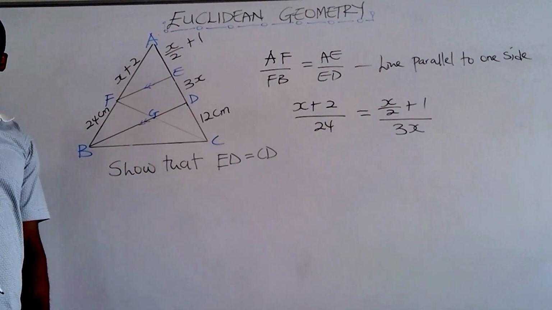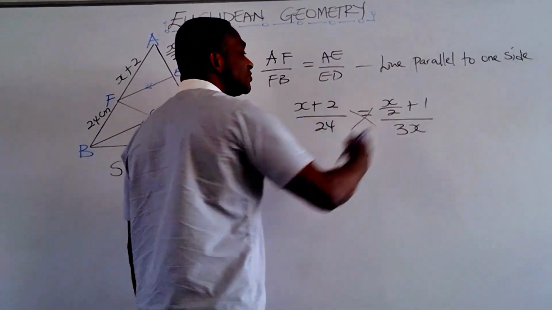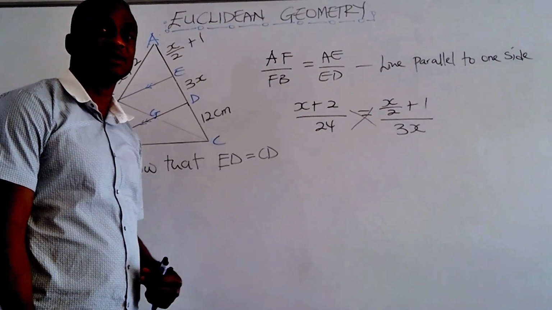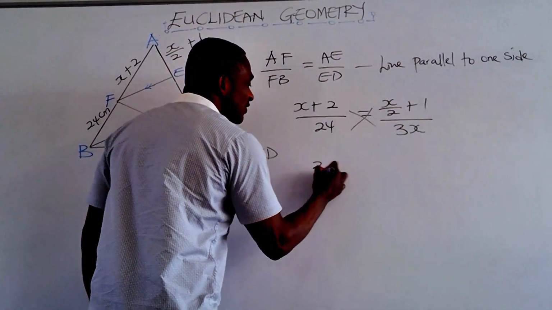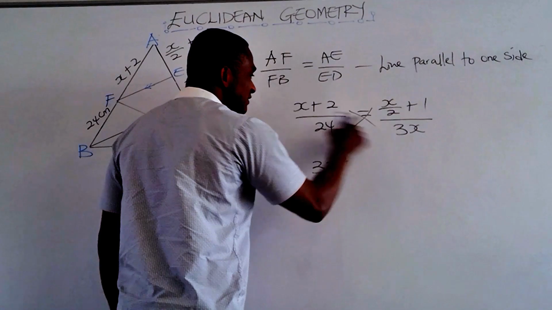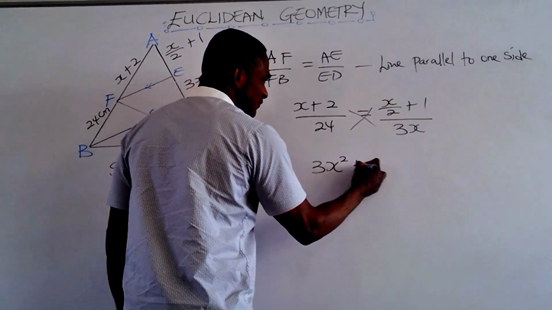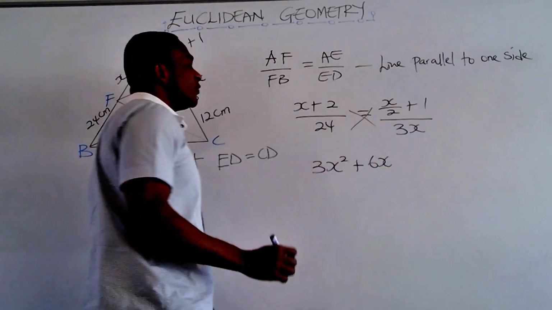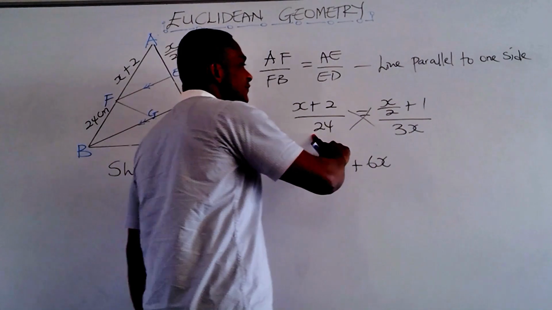We cross multiply, because there are two fractions separated by an equality sign. Now we have 3x multiplying this. 3x into this is 3x squared, and 3x times 2 is 6x. That is what we get from here. And then let's go through here.